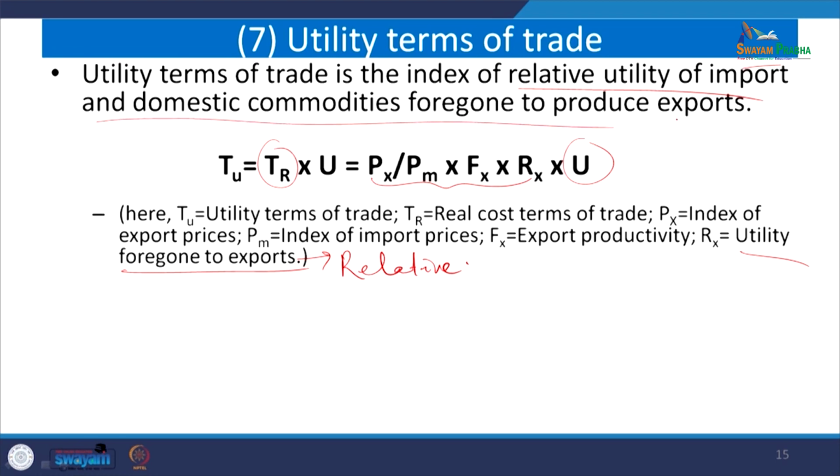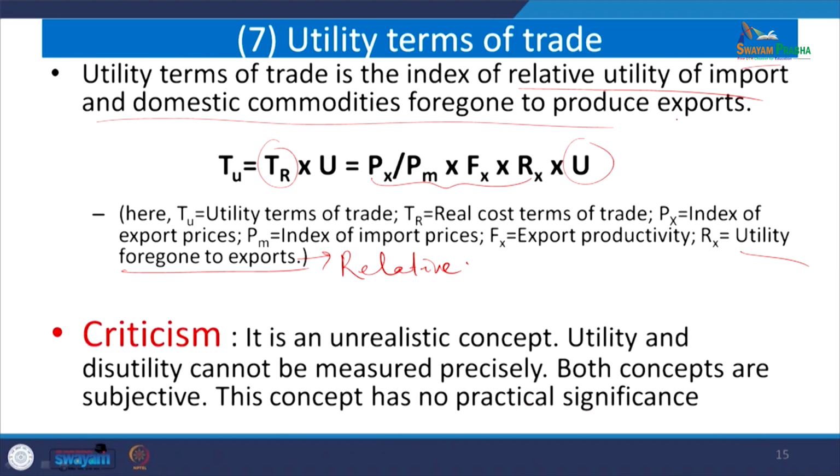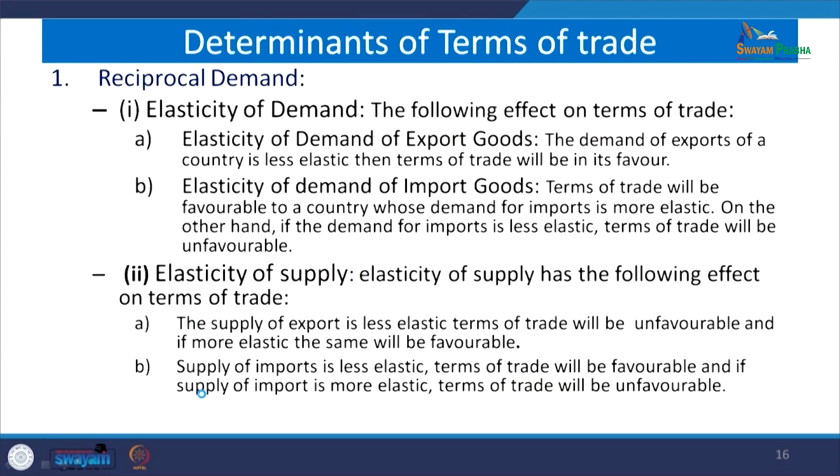So, it is not just exportable products, the importable products as well. One of the criticisms which is very important to discuss is that it is very unrealistic and very difficult to measure. A utility and disutility concept can hardly be measured precisely. Both concepts are very subjective, so this concept has no practical significance.